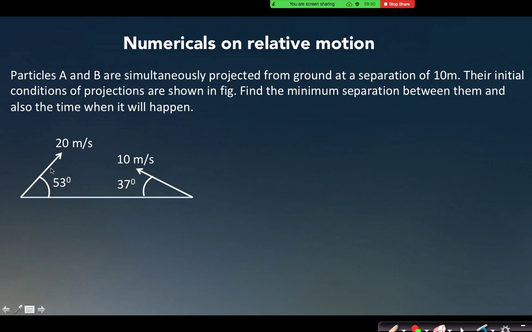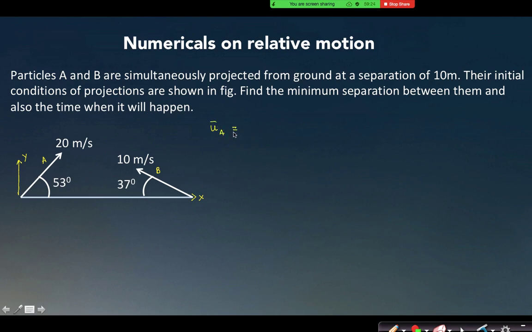Look, the question is about two projectile motions, right? So if I assume this to be my x-axis and this to be my y-axis, then I can write down the initial velocity and acceleration of all the particles. Suppose this is particle A and this is particle B. So what is the initial velocity of particle A?